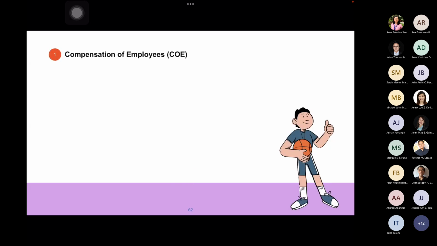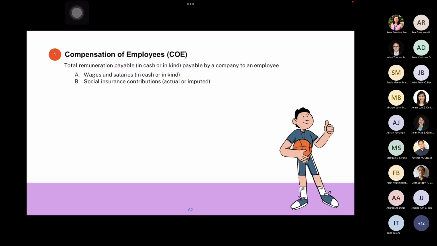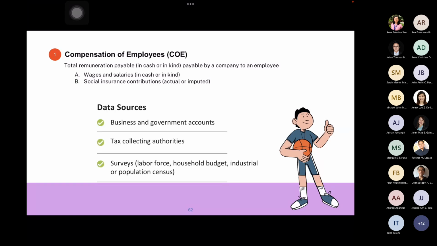Okay. So first, let's discuss the compensation of employees. So this is defined as the total remuneration payable, whether in cash or in kind, payable by a company to an employee. So this may comprise of wages and salaries or actual or imputed social insurance contributions. For this one, the possible data sources would be first the business and government accounts.